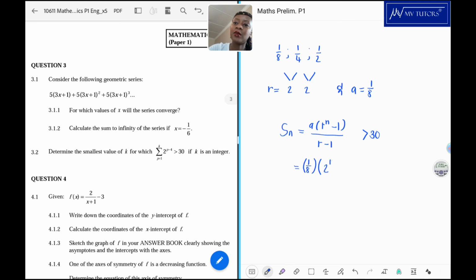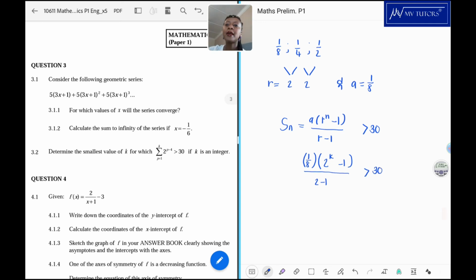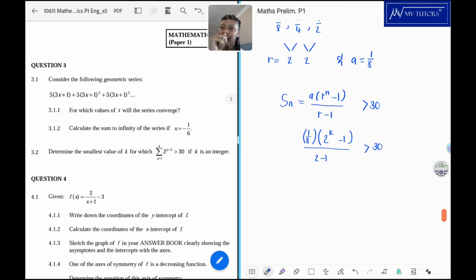We have n, which is k, and then again we have r, 2 minus 1. And all of this has to be bigger than 30. That is what they told us. So 2 minus 1 is going to be 1. Now I have 2 to the power k minus 1.